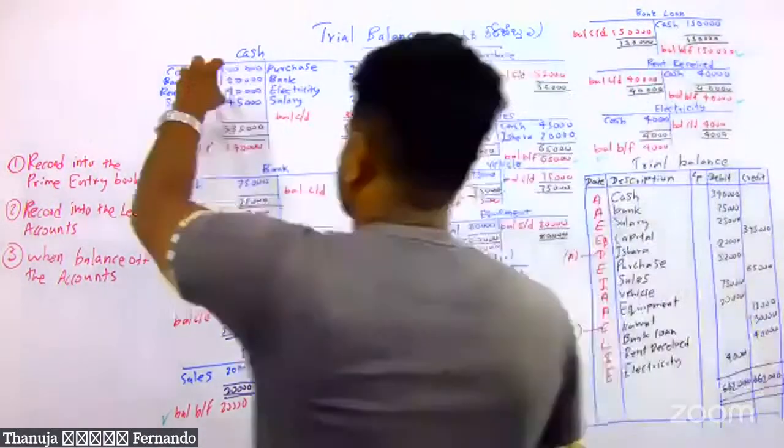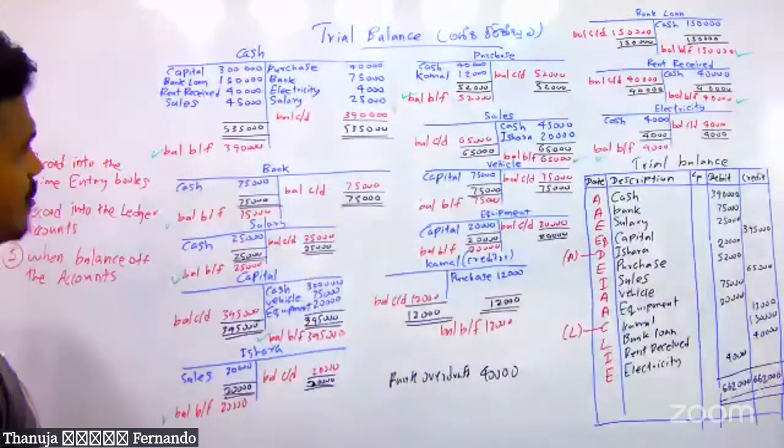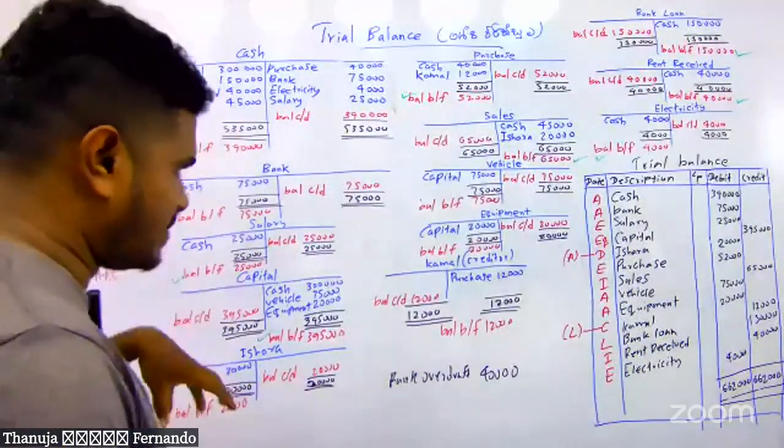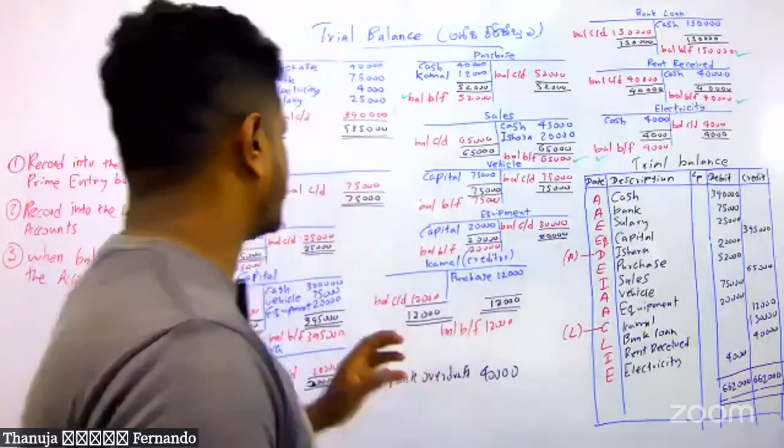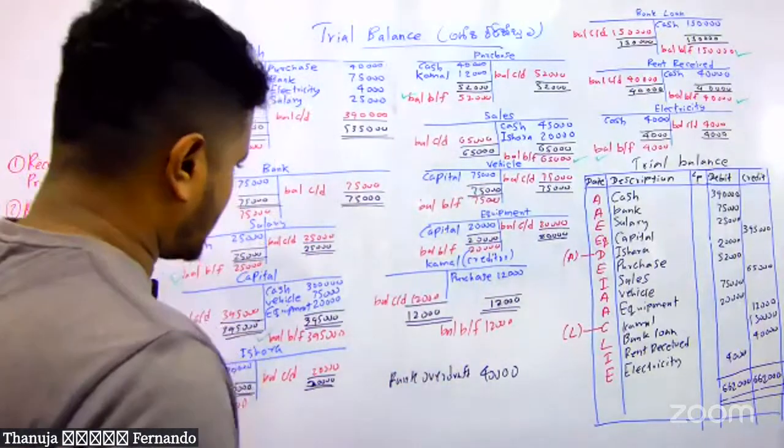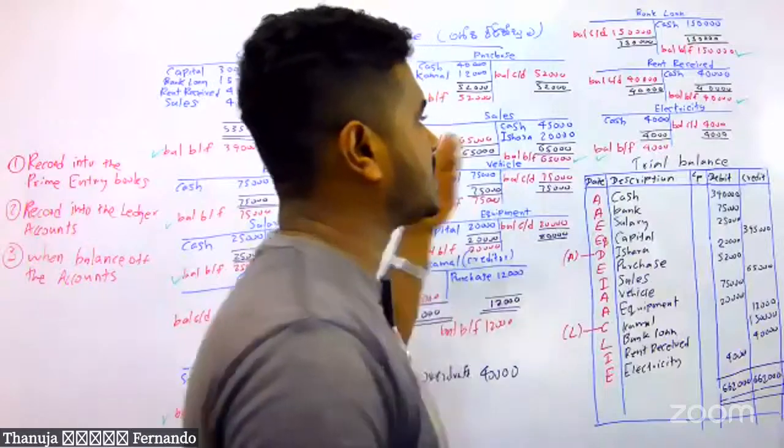We have correctly recorded in the prime entry books and we have recorded in the ledger accounts and we have correctly balanced off the accounts.